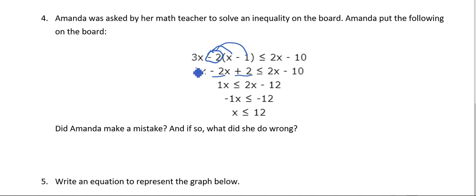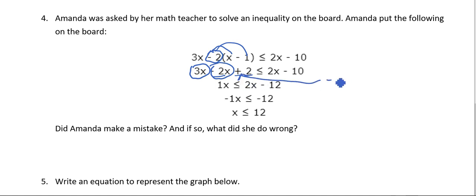Then to get 1x, Amanda combined like terms. So that gave us 1x is less than or equal to 2x minus 12. So it also looks like Amanda went ahead and subtracted 2 from both sides, which is also correct.